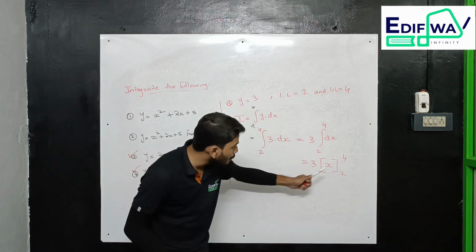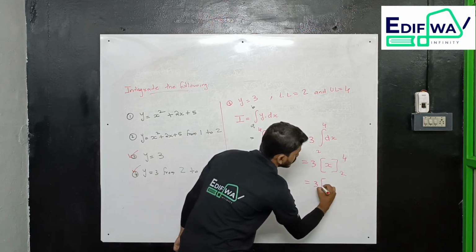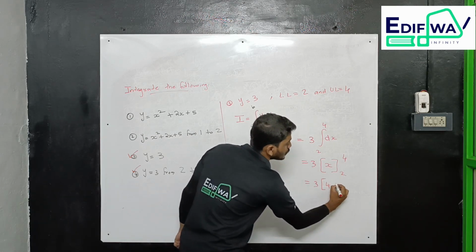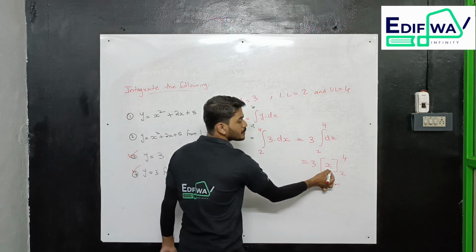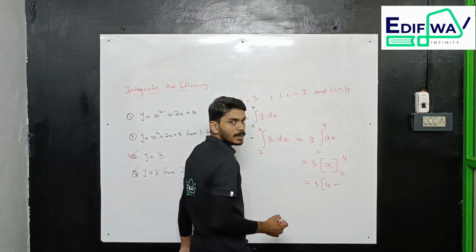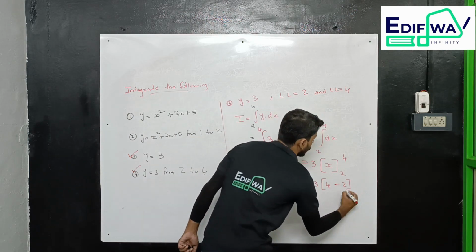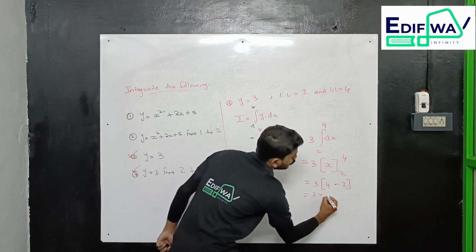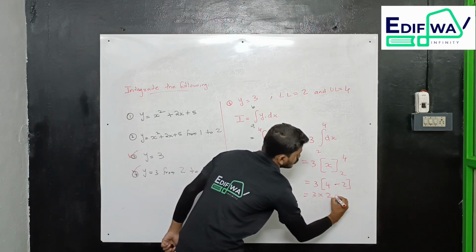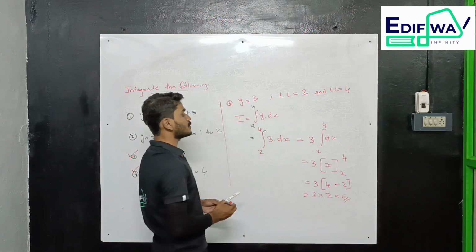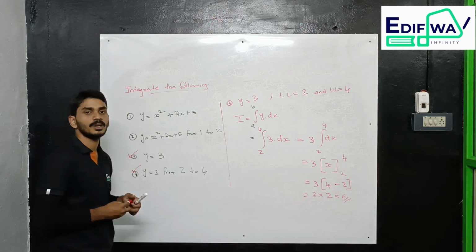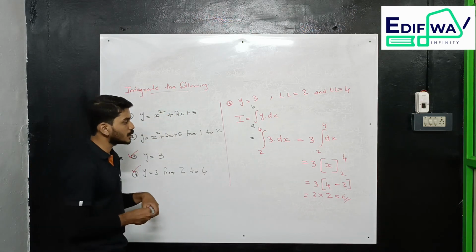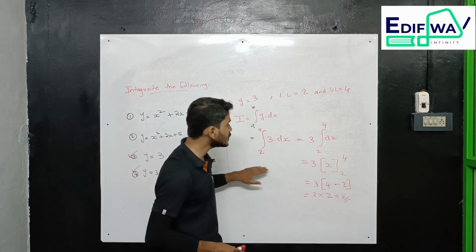First you substitute the upper limit, you put 4, then put a minus symbol, then you substitute the lower limit for the variable x. So it is 3 into 4 minus 2, which is 2. Your answer is going to be 6. I hope it is clear to you.